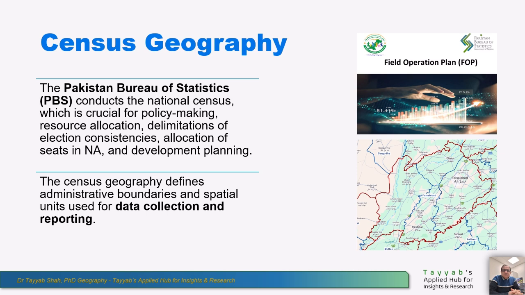It means you need to report that data and you need some geographic level information too. So geography plays a role both in data collection as well as in the reporting and dissemination of the census results. These are the roles, and what kind of expectations we have.